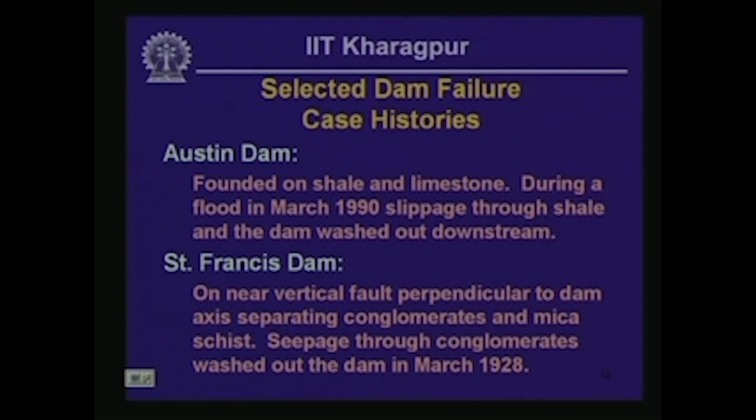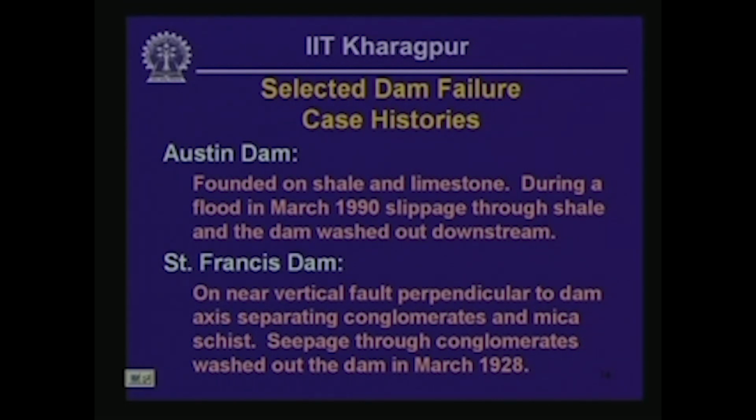What happened? The conglomerates were badly fractured because of the presence of the fault, and you can also imagine that conglomerates by their inherent nature are composed of coarse grained particles. As a result, they themselves could be quite permeable if they are not well compacted, and here we have fractured conglomerates.